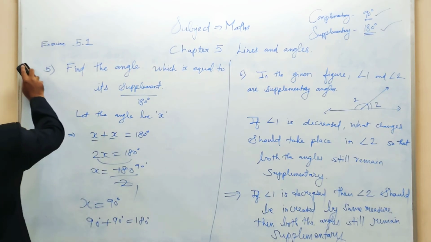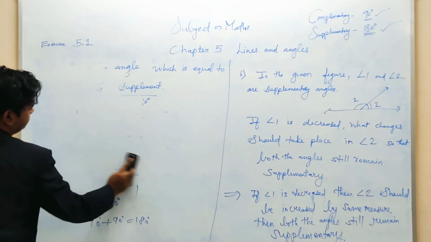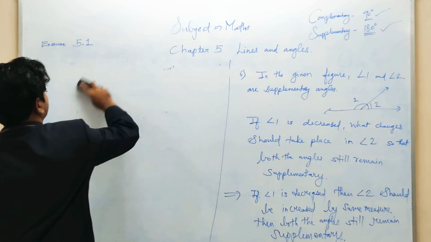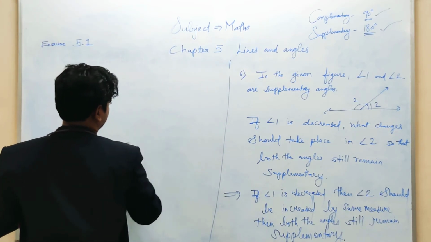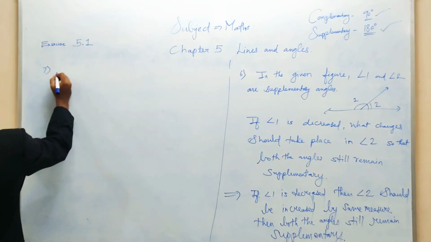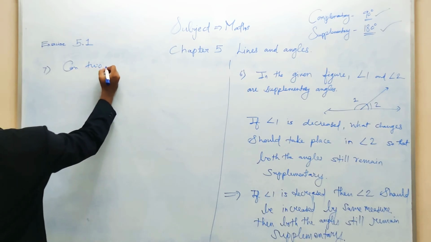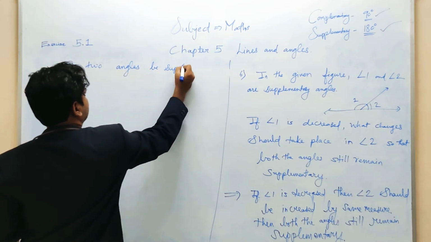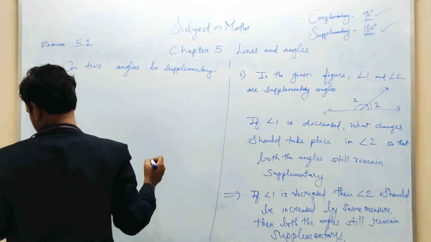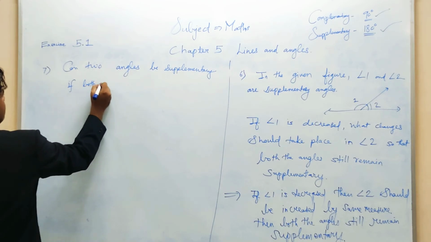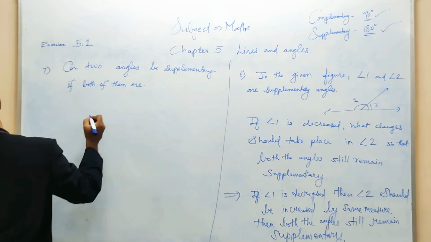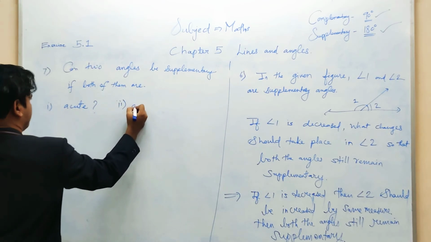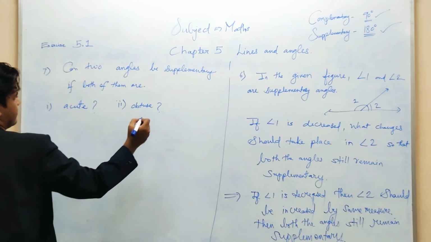Next is example number 7. Can two angles be supplementary if both of them are, first one acute, second one obtuse, and third one right?